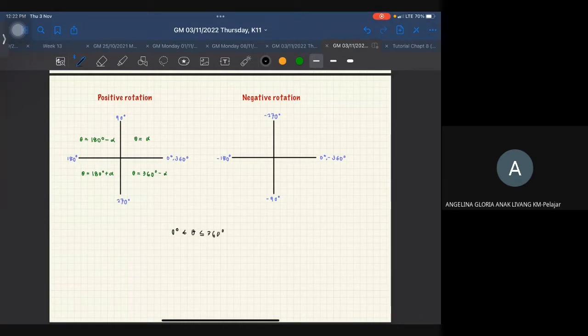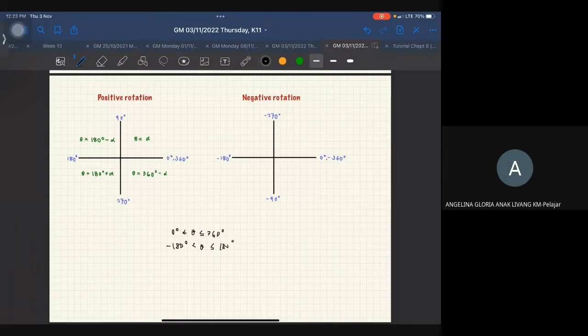Ni yang biasa soalan bagilah. Okay. And kadang-kadang soalan boleh bagi juga dalam bentuk maybe negative 180 degree to positive 180 degree.